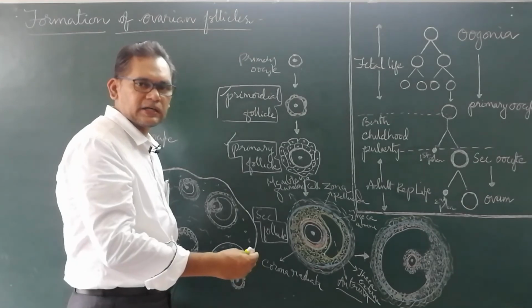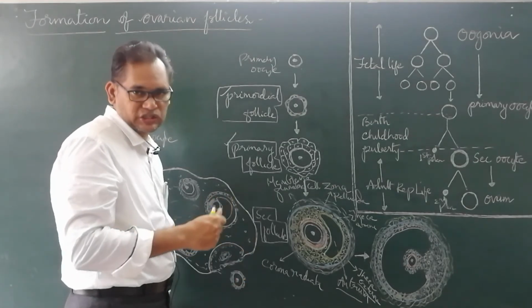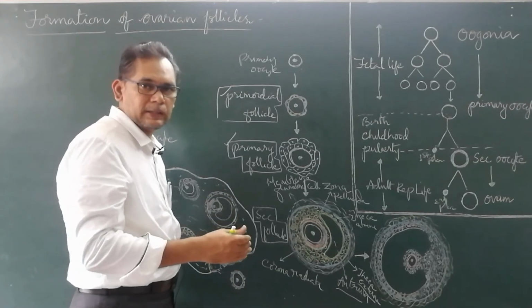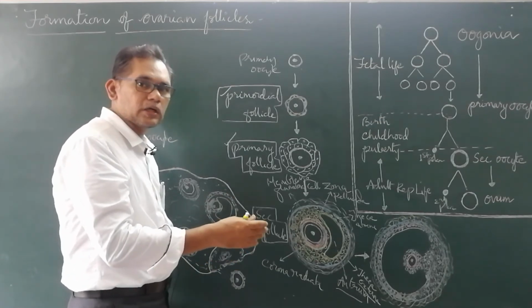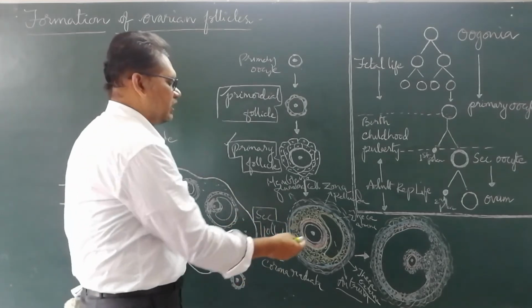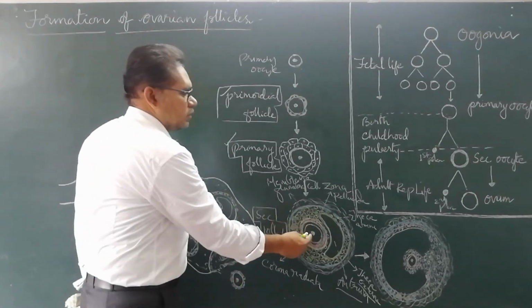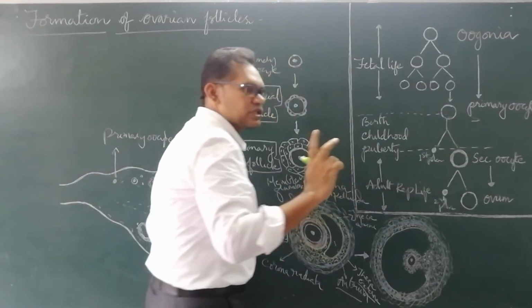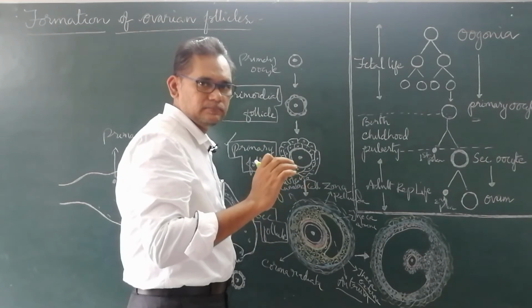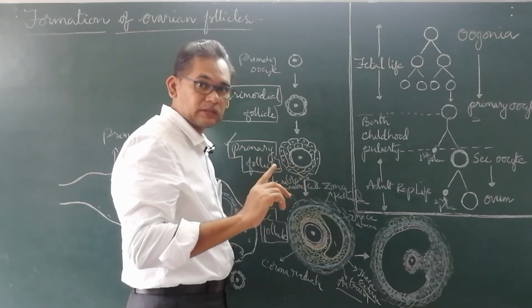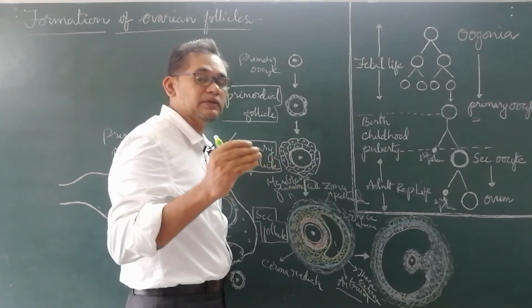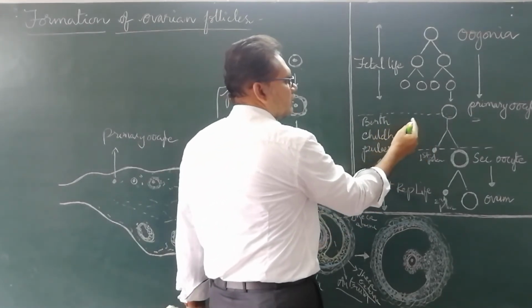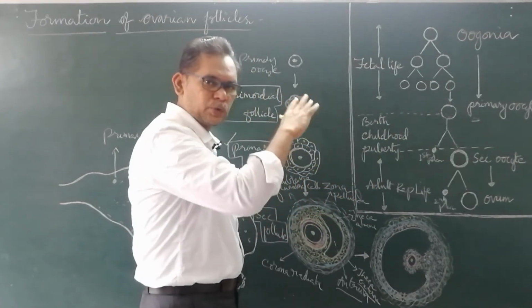Now the theca interna begins to produce estrogen, which is useful for the formation of the secondary oocyte. It means at this stage, the primary oocyte completes its first meiotic division, which was arrested during fetal life.